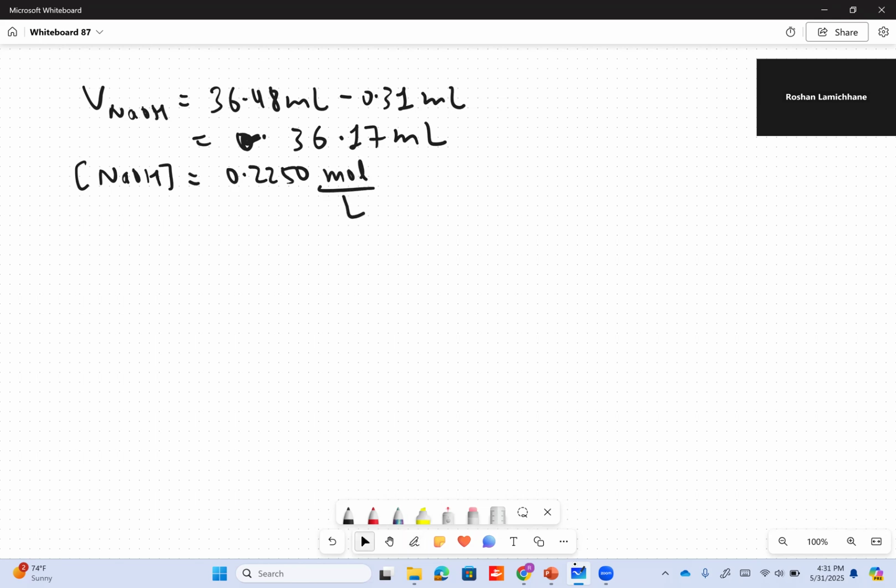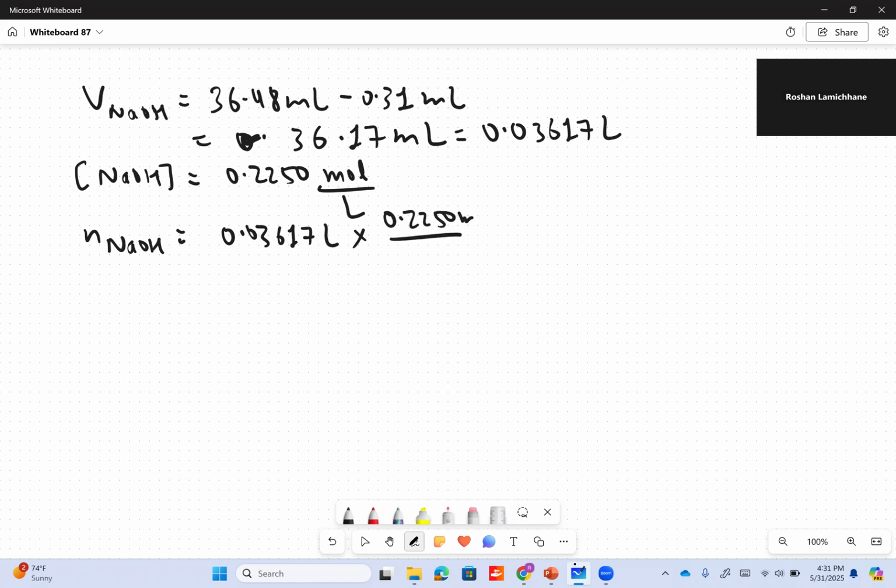Right, so from these two values, I can figure out the number of moles of NaOH, right? The first thing, I want to make sure that this milliliter is in liters, 0.03617 liters. And if I multiply the volume of NaOH times the concentration of NaOH in molarity or moles per liter, I'll end up with the number of moles of NaOH equals 0.03617 liters times 0.2250 moles over 1 liter.